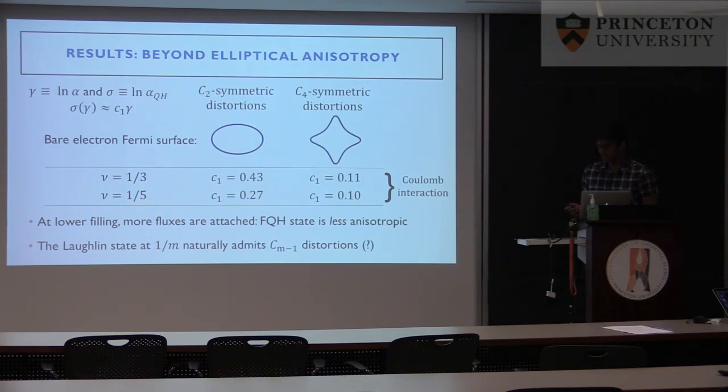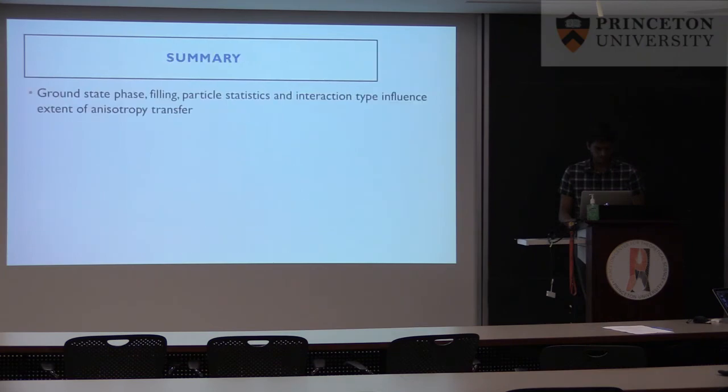And our hand-waving explanation is that the Laughlin state at nu equals 1 over m naturally admits C(m-1) distortions. So the 1/5 state naturally admits C4 distortions and is able to react and have a sort of comparable response to anisotropy.